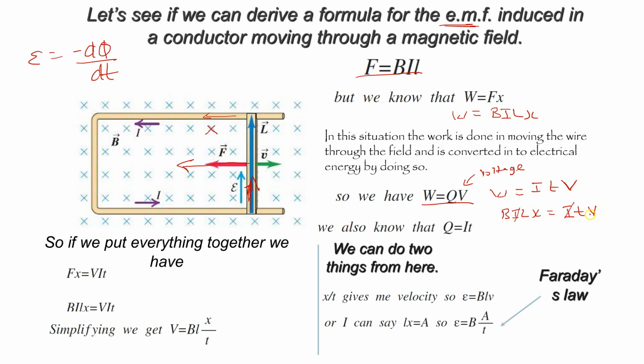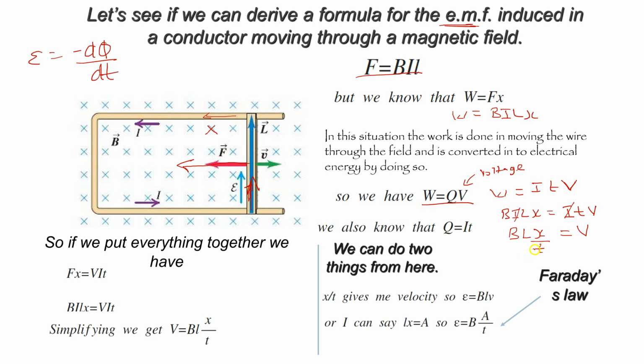So V is equal to B times L, where L is the length of the conductor, times X divided by T. So my EMF that is now induced in the wire is given as this.